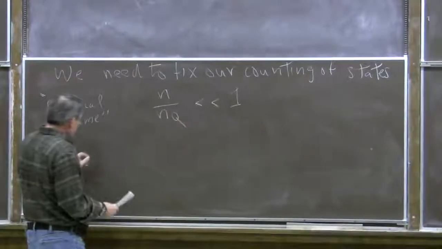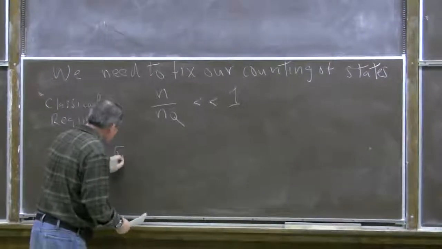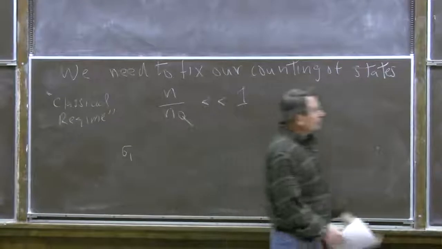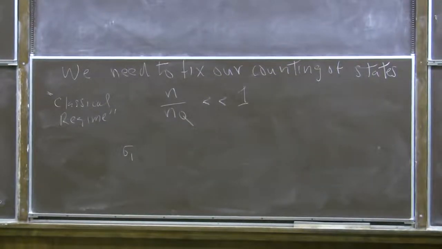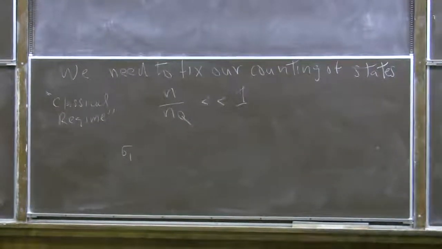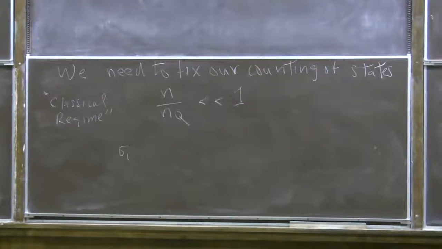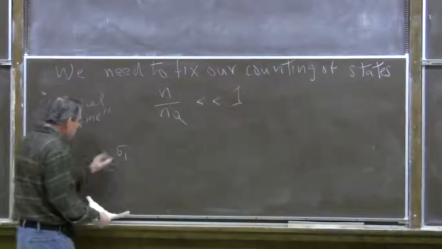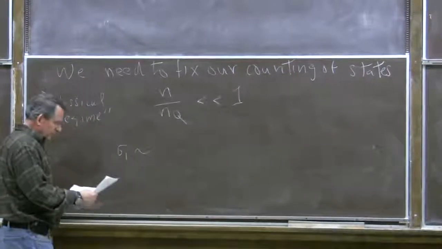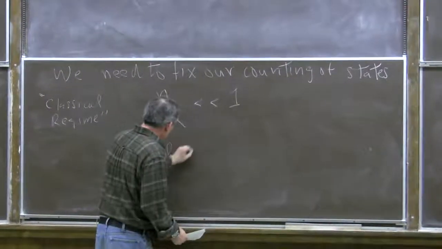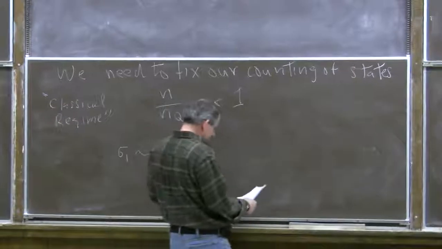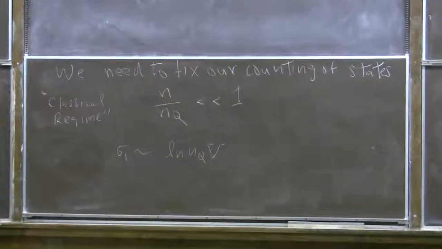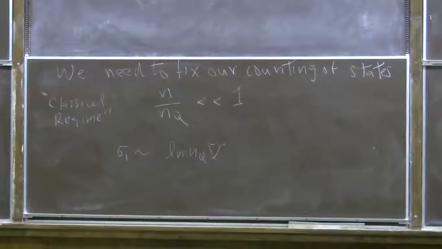So you can think about it this way, if you'd like. If we consider the case of a single particle, we ask what its entropy is. Well, it's the same formula we have for entropy except without the n. So the entropy for a single particle in the box would go like log of the quantum concentration times the volume.